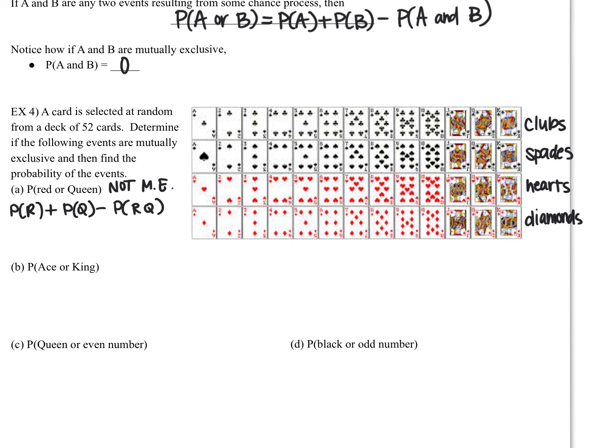Half the deck is red, 26 out of 52, plus queens, which there are 4 of, minus the number we counted twice for being red queens, which is 2 out of 52. 26 plus 4 is 30, minus 2 is 28 out of 52, which in simplified form is 7 out of 13.